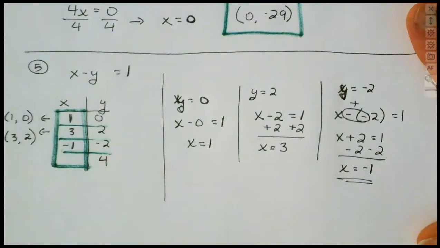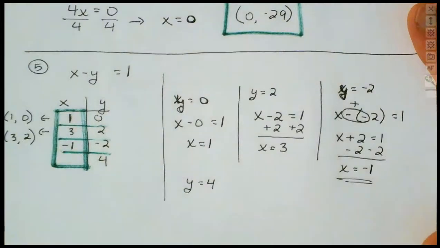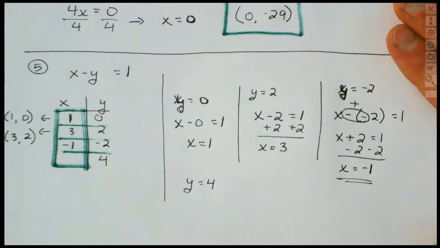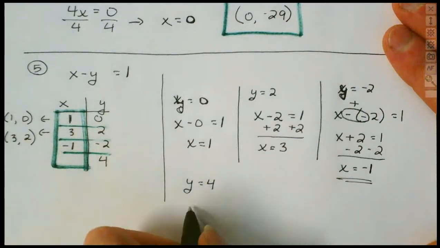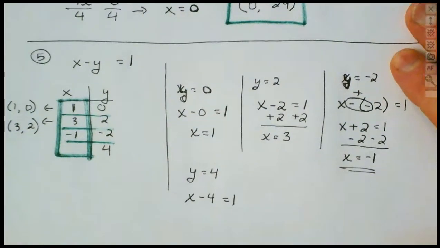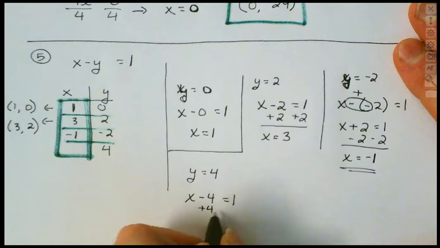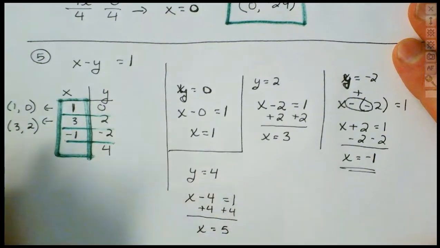The next one is 4. So the next one is y equals 4. So we'll plug in 4. And that's going to be x minus 4 equals 1. Add that 4 over. So that leaves me now with x equals 5.